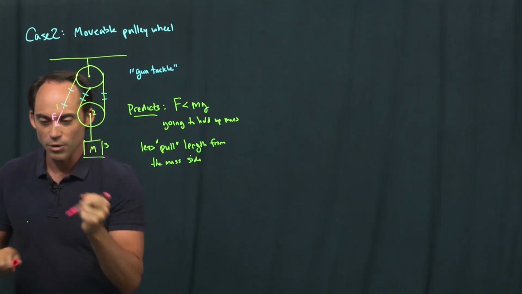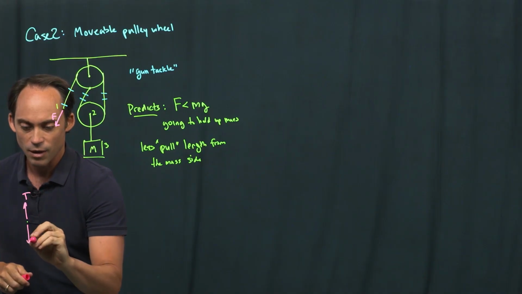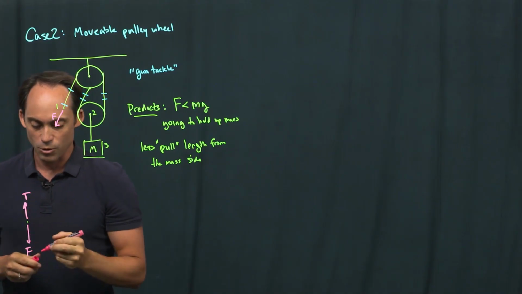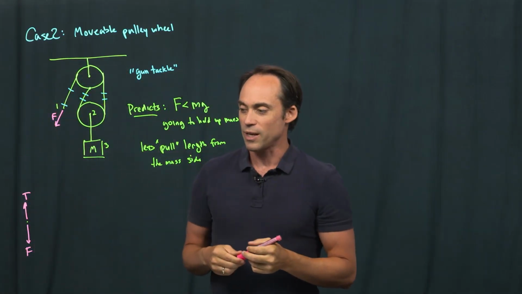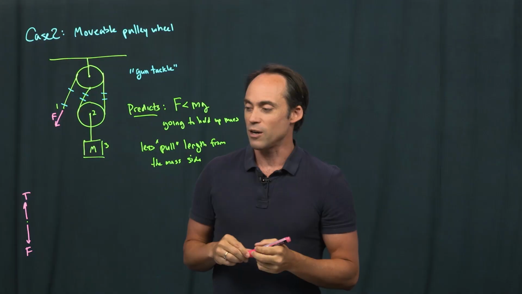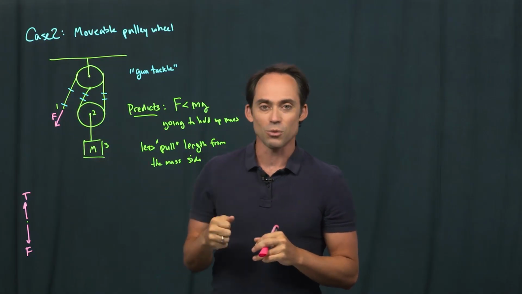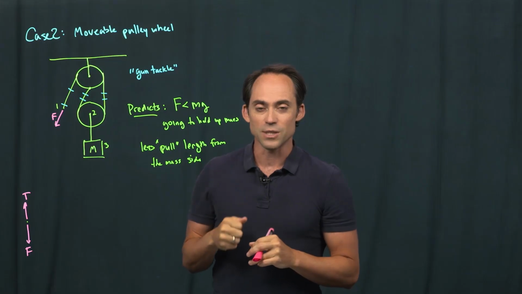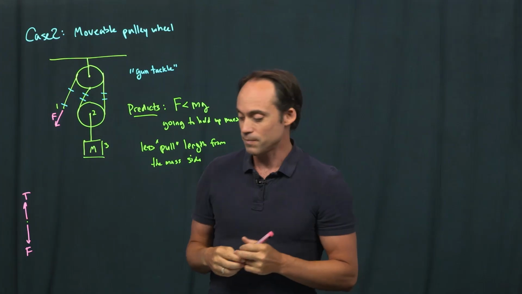For the point that we're pulling, we've got our usual tension force pointing up and our pull force pointing down. And in fact, nothing has changed for this particular point, so because this little piece is essentially massless, the tension through the rope is still equal to the force that's applied. That's an important thing that stays constant for all of these pulley problems.